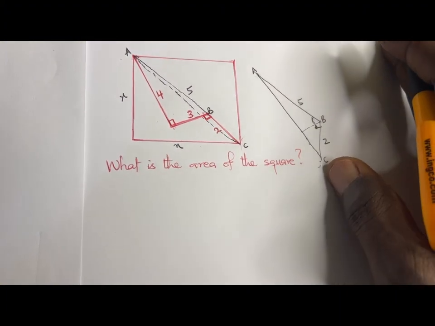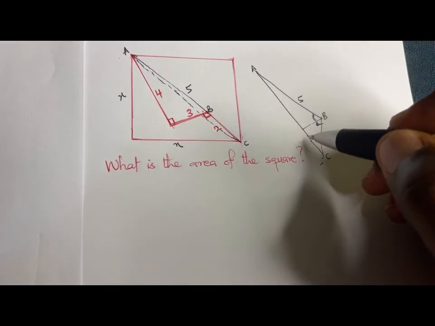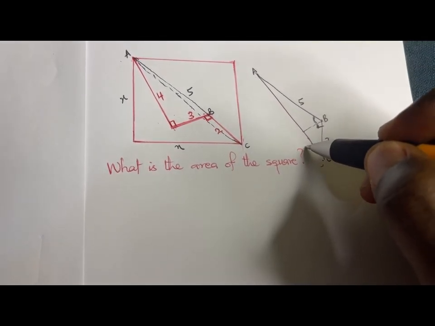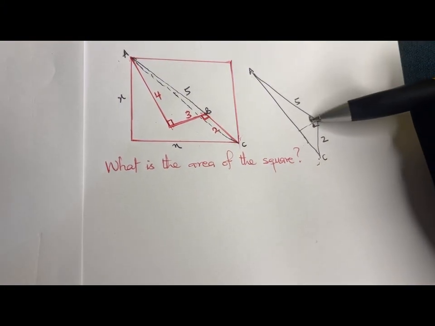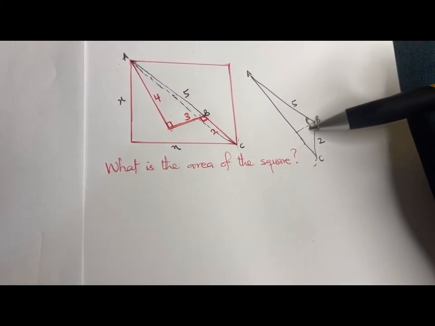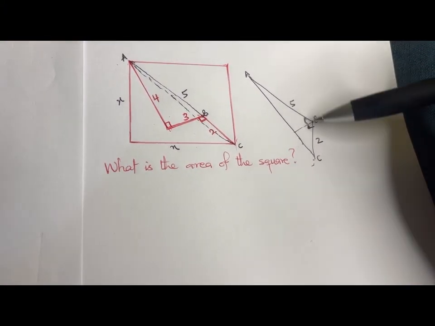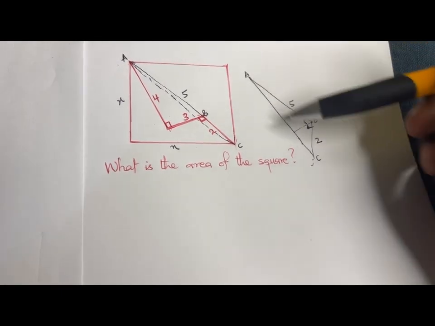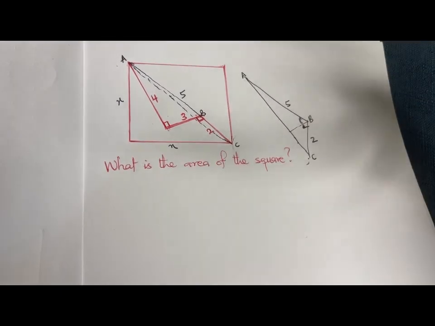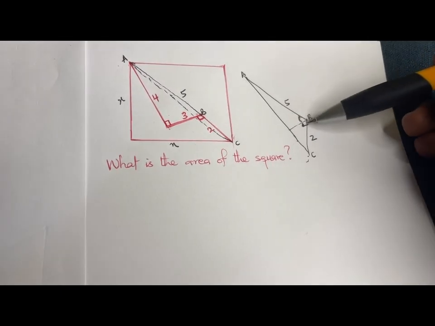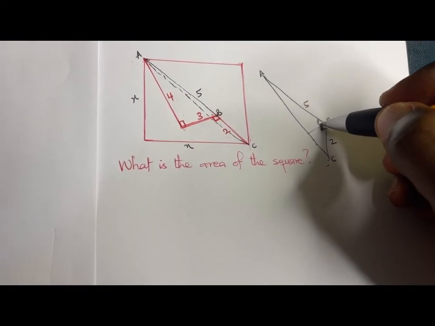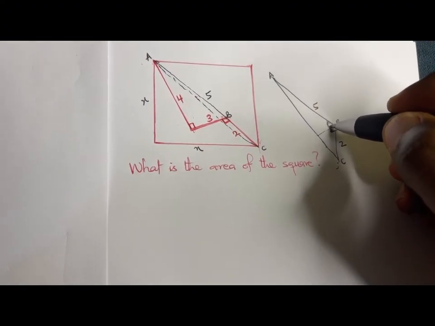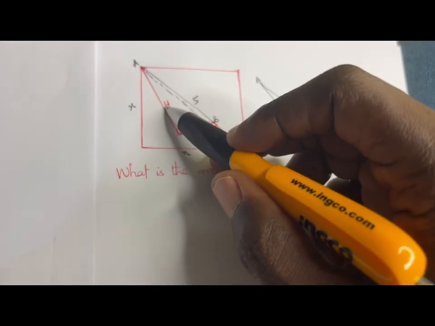So you just have to find this angle here. Then use the 90 degrees, then use that to find the longer length here. So the cosine rule will work. Now in order for you to find the angle here, you may use the SOHCAHTOA approach.